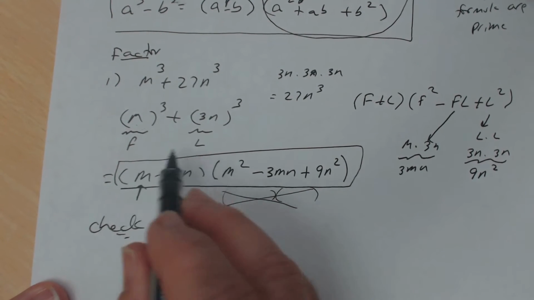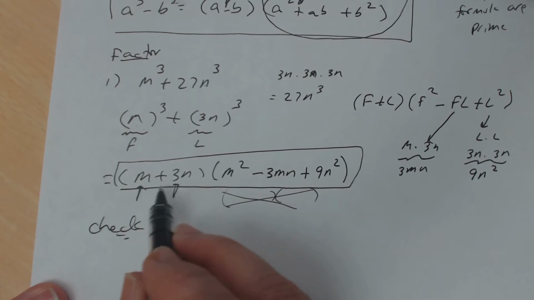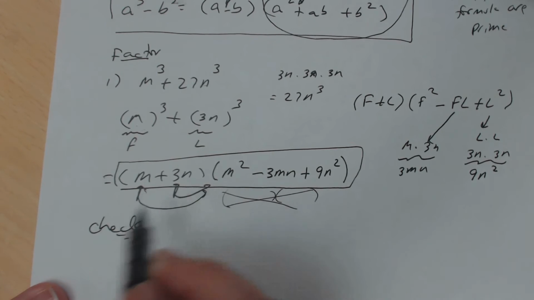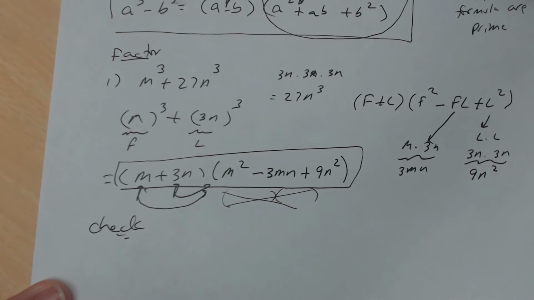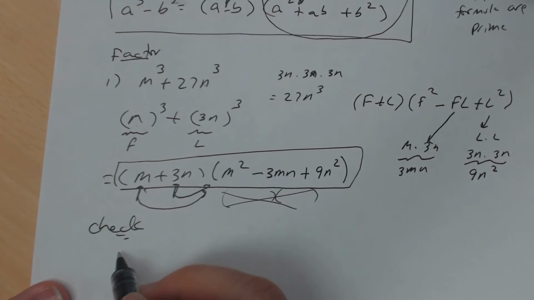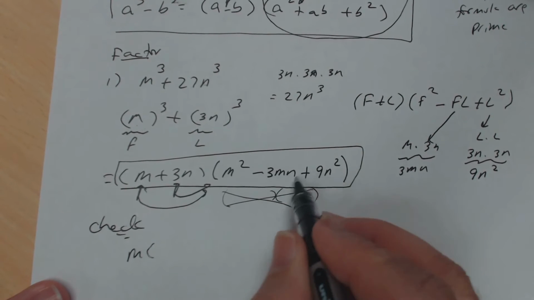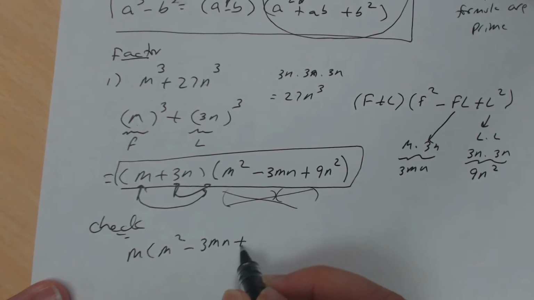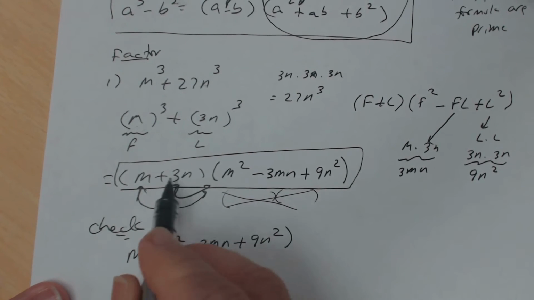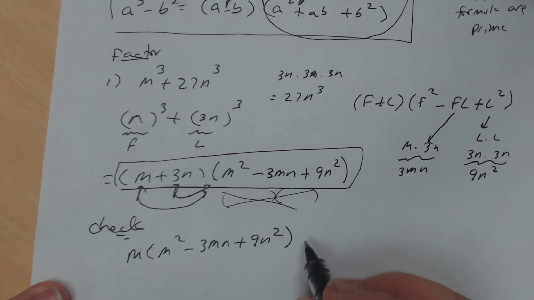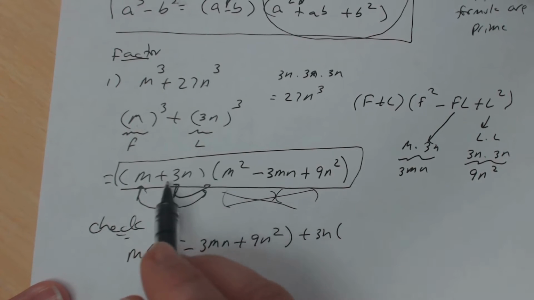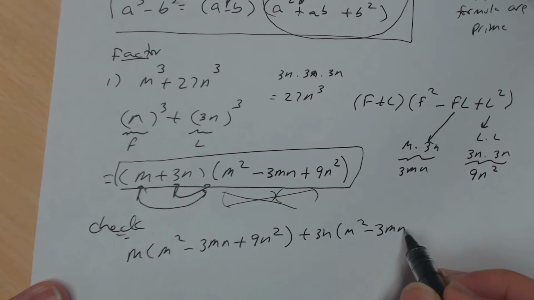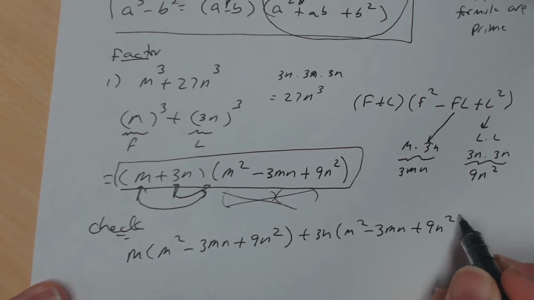So the first factor is m plus 3n, and so you take each term here and you multiply by the trinomial. So take each term of the binomial, multiply by each term of the trinomial. So in other words, we'll get m times this trinomial, m squared minus 3mn plus 9n squared, plus 3n times this trinomial, m squared minus 3mn plus 9n squared.